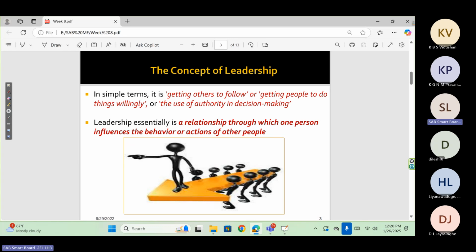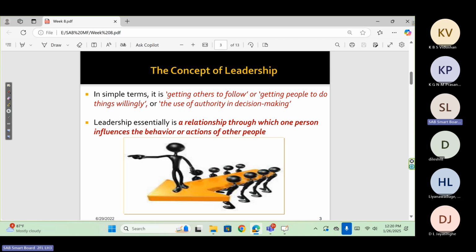Right, then you can also write down one sentence. Consider keywords about leadership. Leadership is competence or ability.